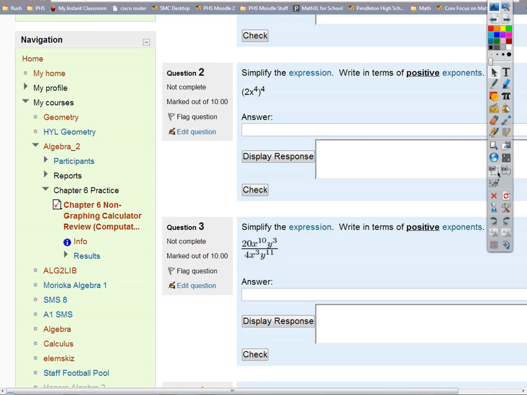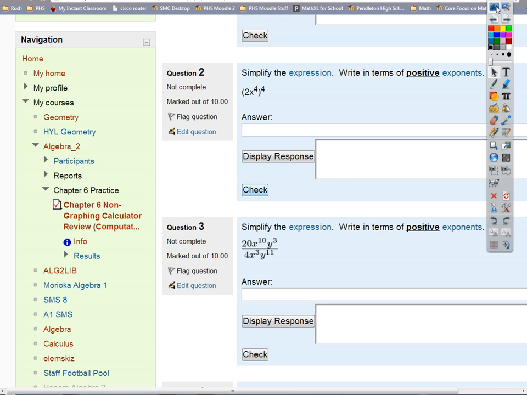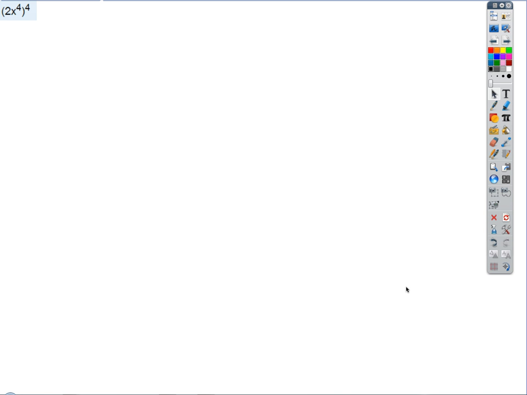Okay, this one is similar. If people miss this one, what do you suppose the most common mistake is here? Good. They only distribute the power to the x, but there's two things there. There's a 2 and an x to the 4th.